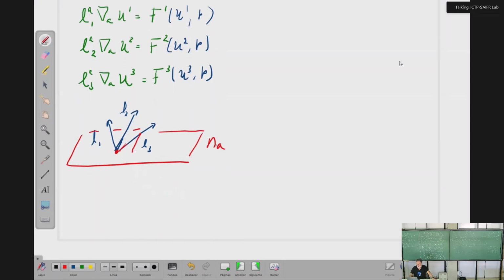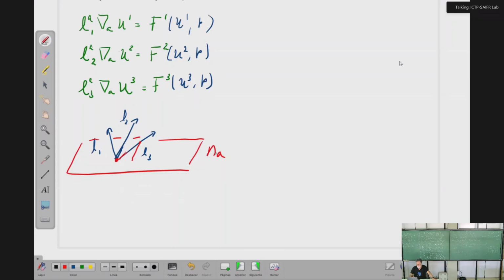But notice that I could do something else. For instance, I could take, instead of this, the L1 here, L2 here, and then I'll take minus L3 here.